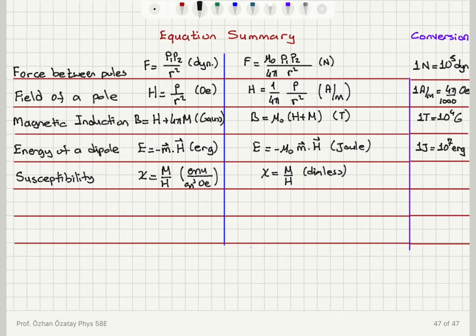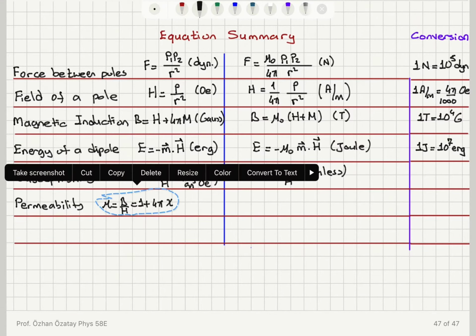And for permeability, permeability is mu, which is B over H, which is 1 plus 4 pi times susceptibility. So what is the unit of mu in CGS?